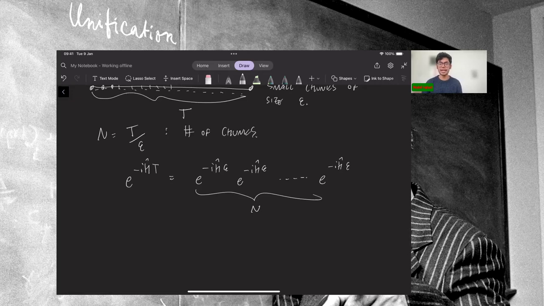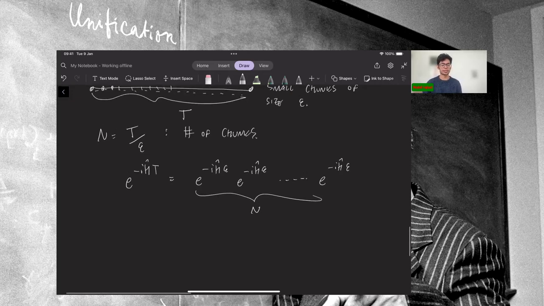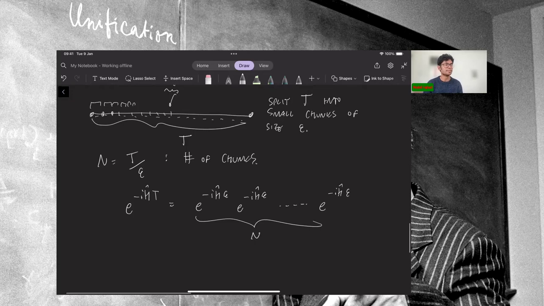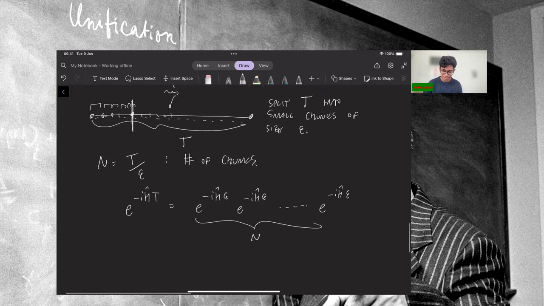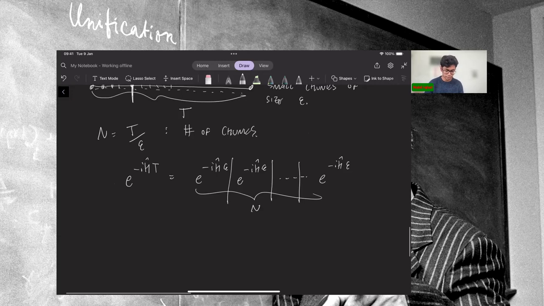Next, the next amazingly clever thing we're going to do is, in between each of these small epsilon pieces, a clever trick: I am going to insert a complete set of states.